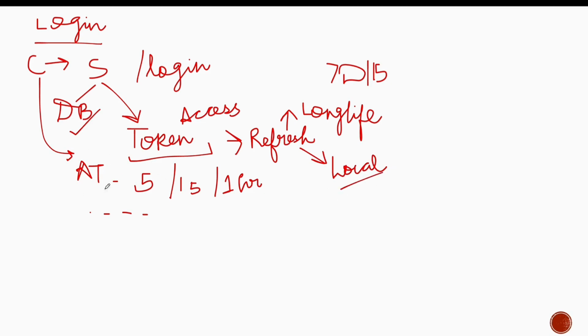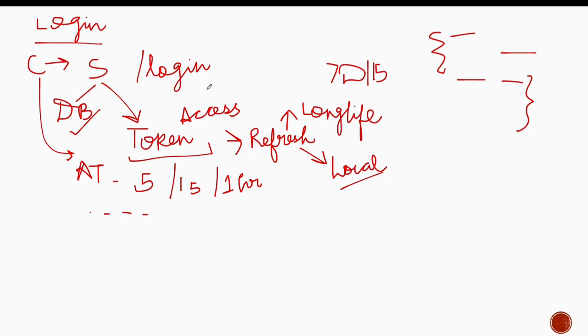The access token has a short life of 5 minutes, 15 minutes, or 1 hour, and the client uses this access token for all the API calls to the server. Whenever a client logs in, the server returns the response as a JSON object containing the access token and the refresh token, which are stored by the client.